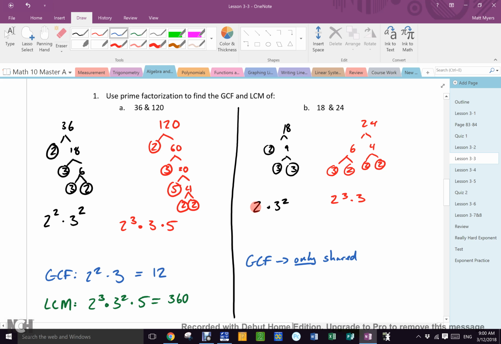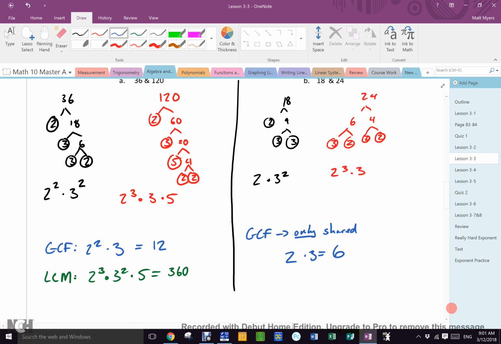So this guy can only cover 1, 2. So there's 1, 2. How many 3s are shared? 1, because this guy can only cover 1, 3. So the GCF is 6. Is everybody good? All right. Like I said, GCF is not usually a problem.